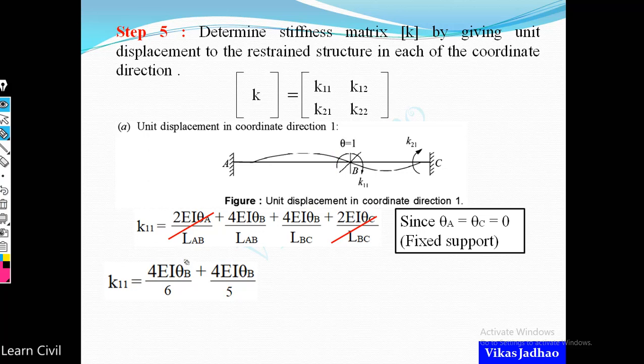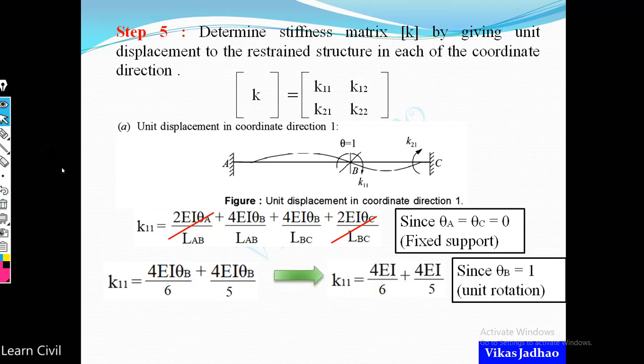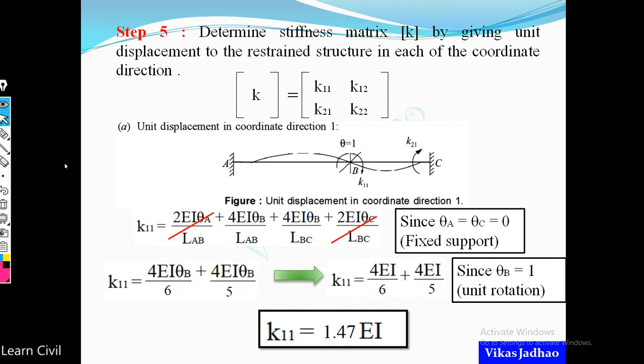Therefore we substitute the value of theta B equal to 1 radian. So we get K11 equal to 4 EI by 6 plus 4 EI by 5, since we have theta B equal to 1, or unit radian rotation. If we solve this equation, we will get K11 value equal to 1.47 EI.